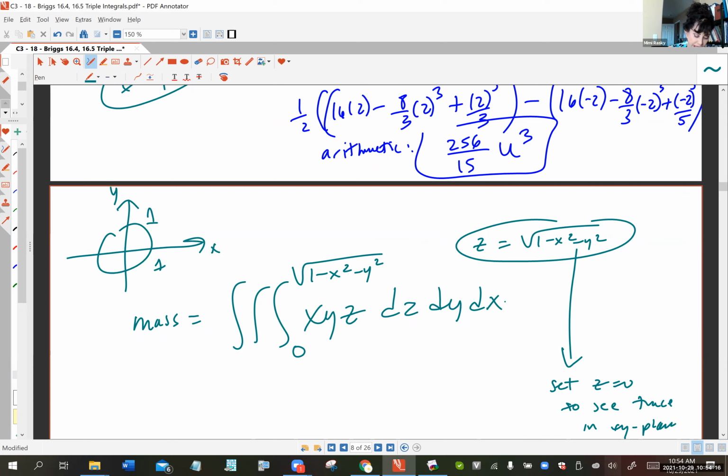So if you're going to iterate this triple integral, x is going from -1 to 1, and then y is going from negative square root of 1 minus x squared to positive square root of 1 minus x squared. And this would probably be a horrible triple integral if you had to integrate it using rectangular coordinates. You would definitely want to try and change the coordinate system, and that's what you would do.